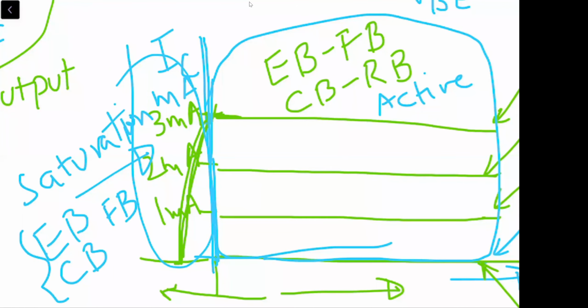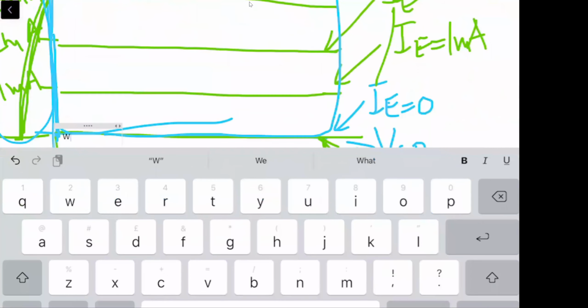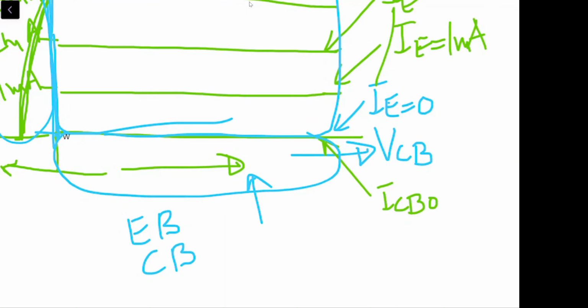And there is a third region over here, the region which is below the horizontal axis. In this region, the emitter-base junction and the collector-base junction are both reverse biased, right?